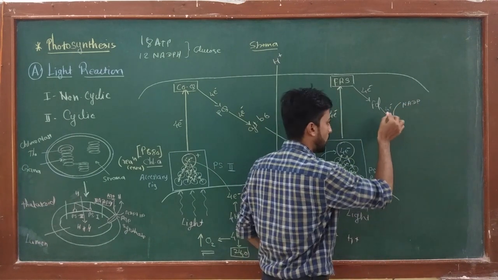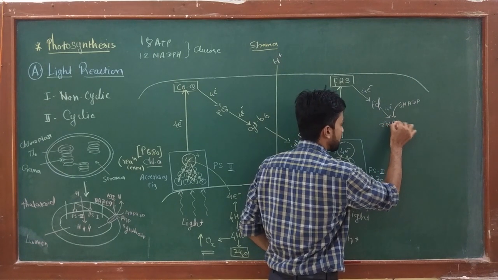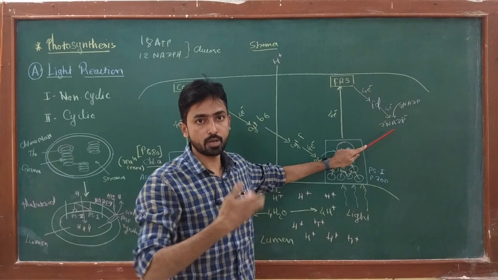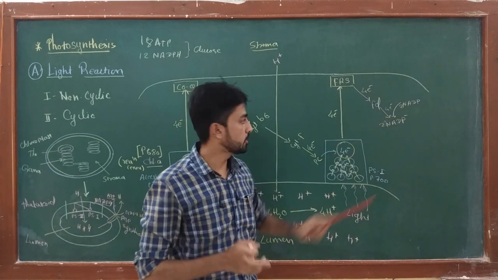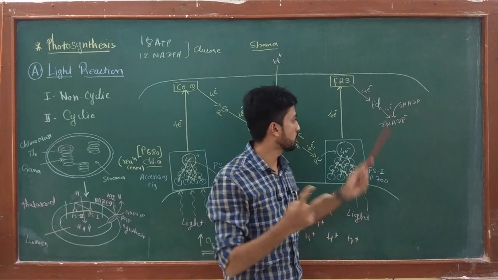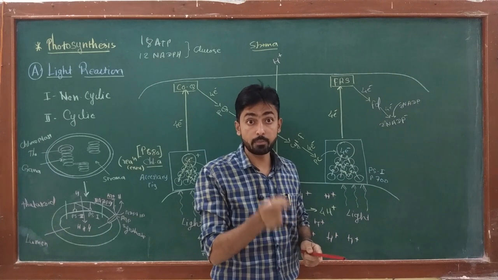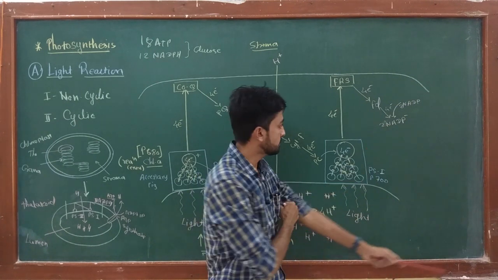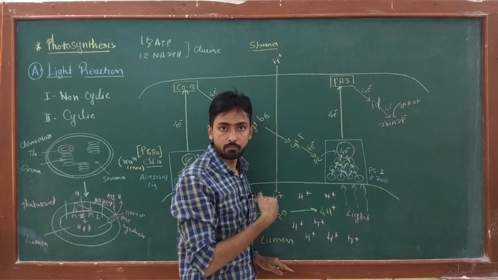Okay, and 2 molecules of NADP get 4 electrons, and they get ionized to form 2 NADP minus. Each molecule of NADP gets 2 electrons from Fd. So 2 molecules of NADP convert into 2 molecules of NADP minus, the ion form of NADP, and now this ion form is ready to accept hydrogen ions.